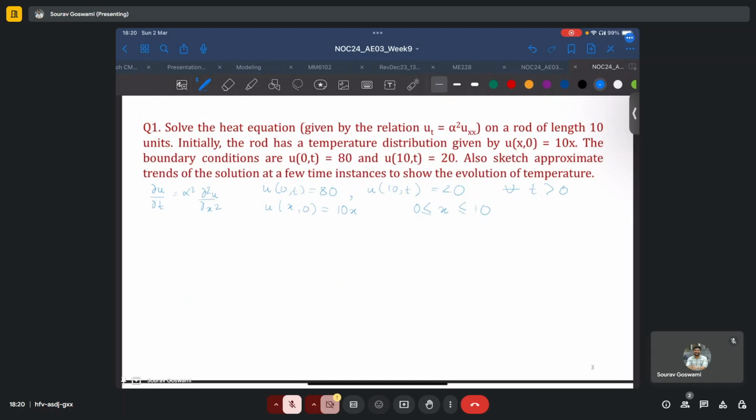And typically, as Professor Day has already described in the sessions, the heat equation is amenable to solution by something called the separation of variables. So let us do that.